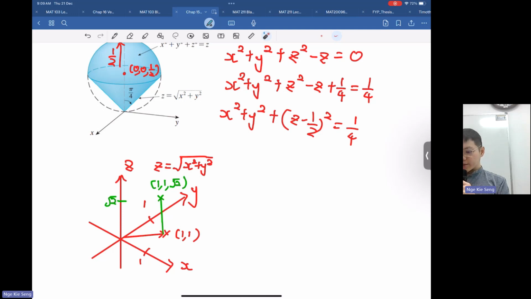Okay, so what can you observe first of all? Who has the same length as 1, 1, for example? Minus 1, 1, right?